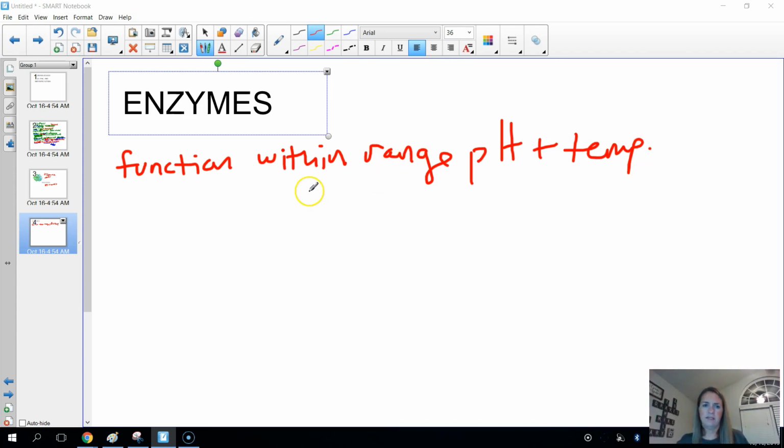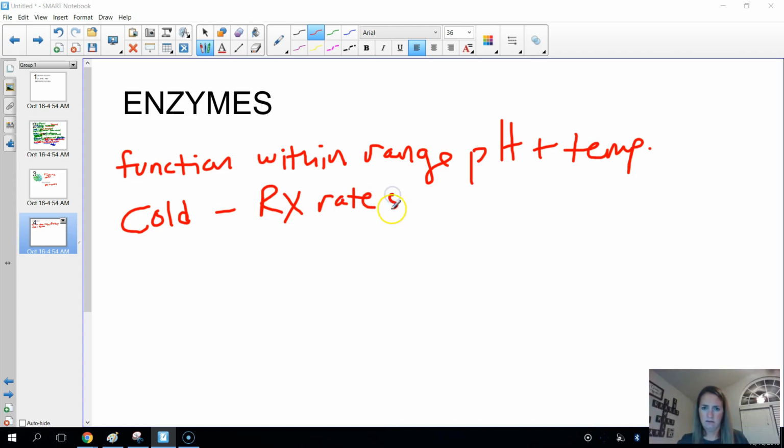And if the temperature is too cold, then the reaction rate, and I'll just put Rx for short, slows down. Sorry, it's so close together.